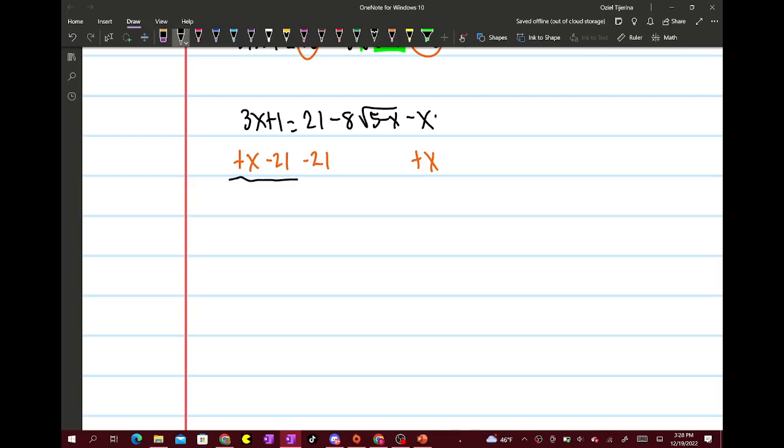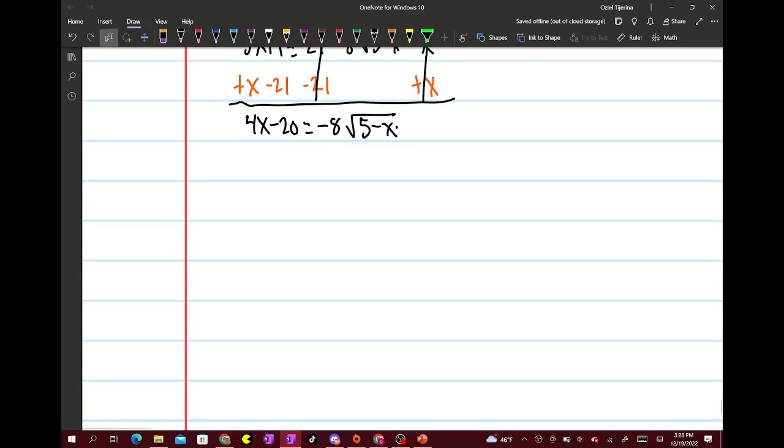So this would give us 3x plus x is 4x, and 1 minus 21 is negative 20. And this cancels out, and then this cancels out. This would be equal to negative 8 square root of 5 minus x, right?